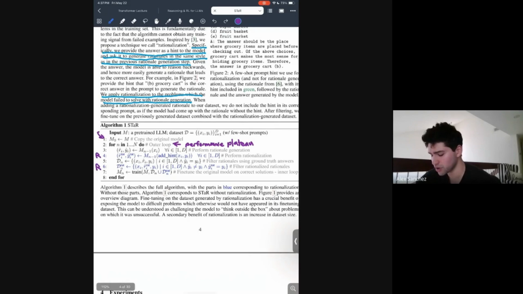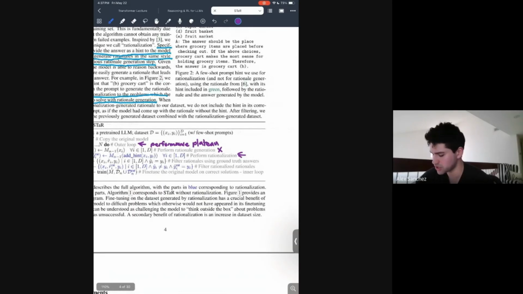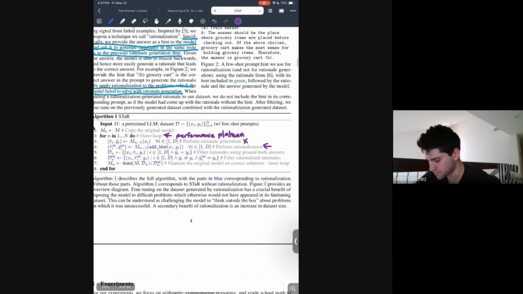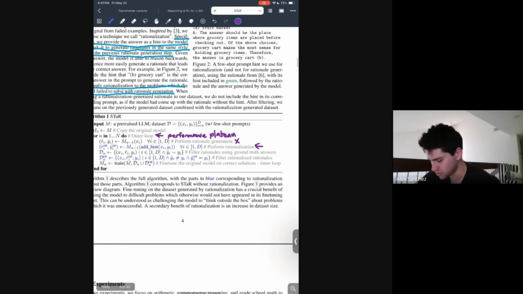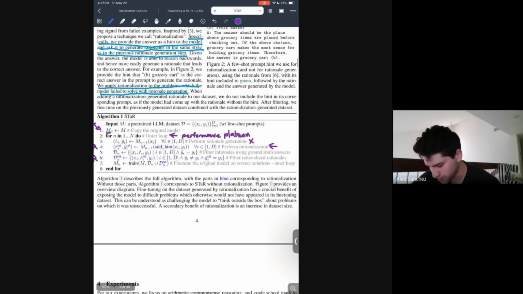If the answer here was wrong, what they do is they add a hint. So they give it the answer, they give it the question, and then it's supposed to generate the reasoning backwards. And so after we do those 2 steps, we fine-tune the original model, not this copy, but this original model.